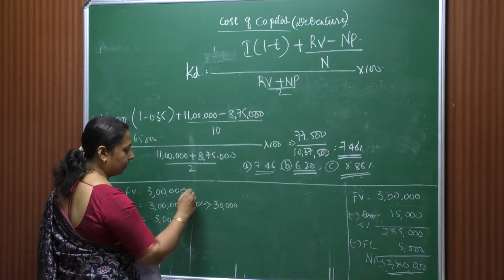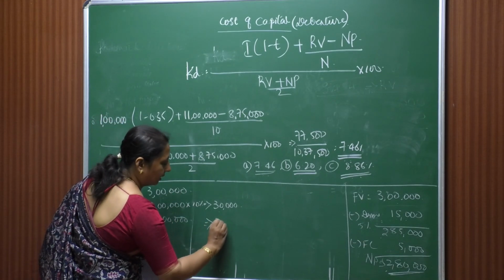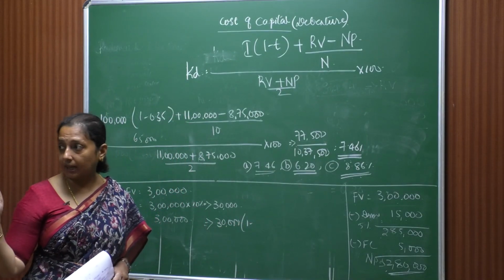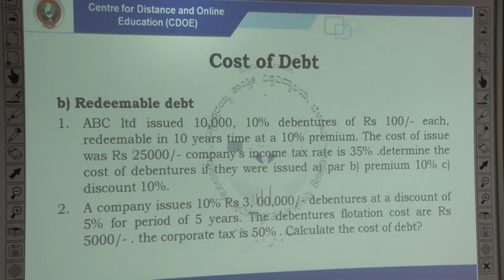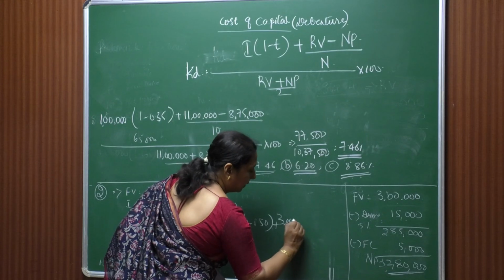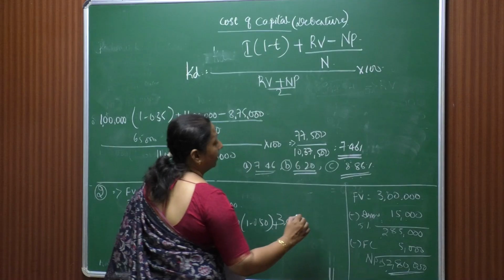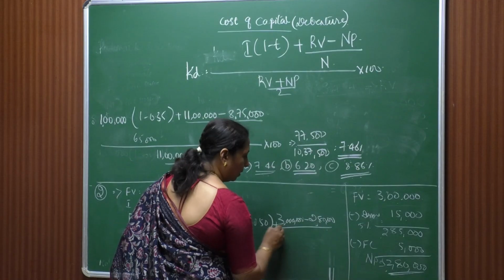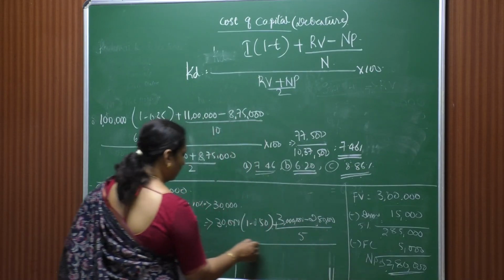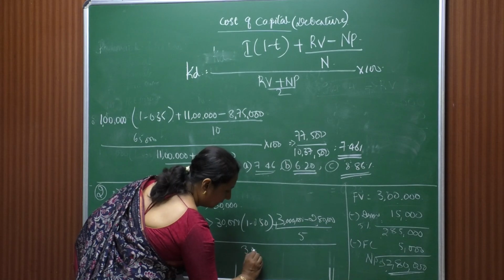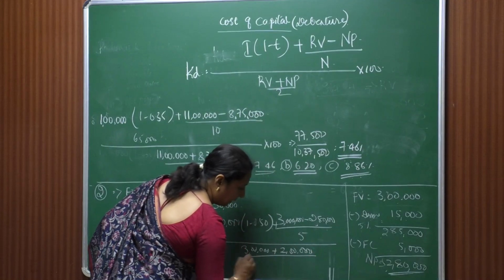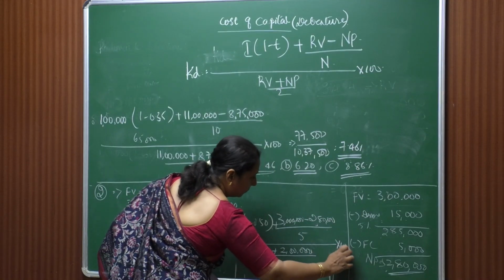When we substitute, the interest we have calculated is 30,000 into 1 minus tax rate, that is 50%, 0.50, plus RV redeemable value 3 lakh minus net proceeds we calculated, 2 lakh 80,000, divided by the number of years, 5, the whole thing divided by 3 lakh plus 2 lakh 80,000 divided by 2, into 100.